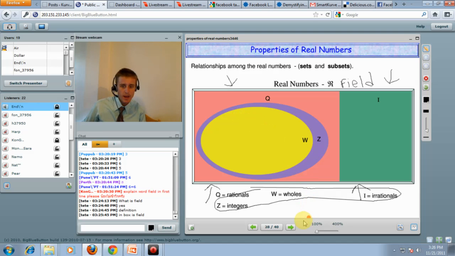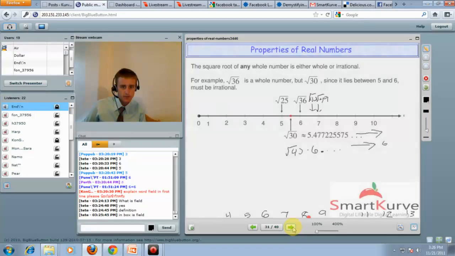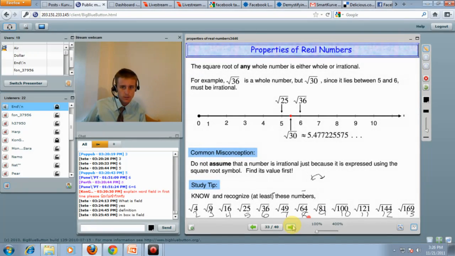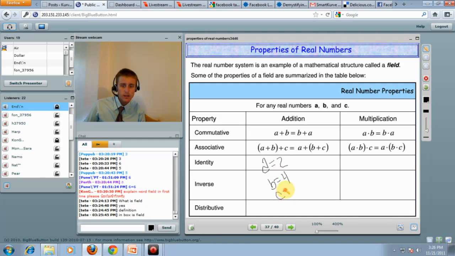Okay, should we go back to the properties? Okay, back to the associative property. For multiplication, if we have A is 2, B is 4, and C is 6, that's going to give us a big number.